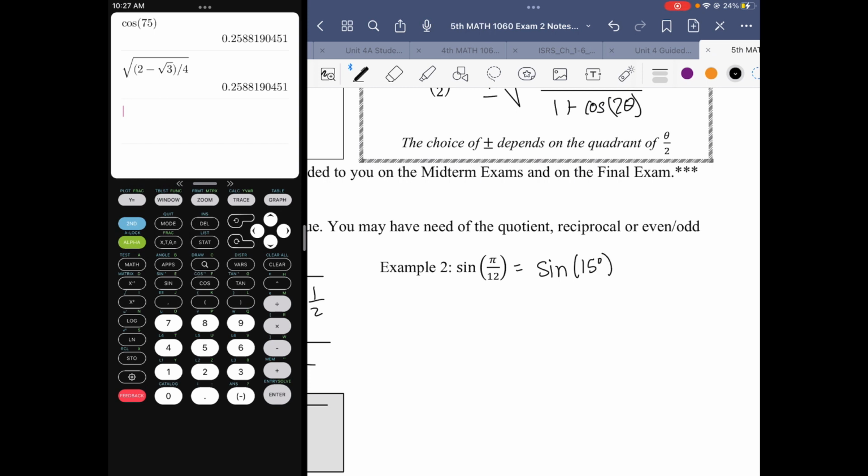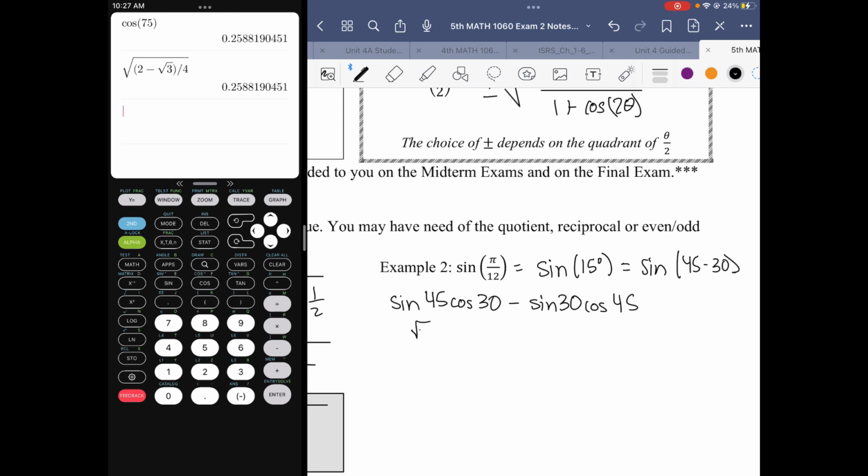The sine of pi over 12 is 15 degrees, and then this is a lot easier to do. Actually, that's the sine of 45 minus 30. And then say, well, that's the sine of 45 times the cosine of 30 minus the sine of 30 times the cosine of 45.